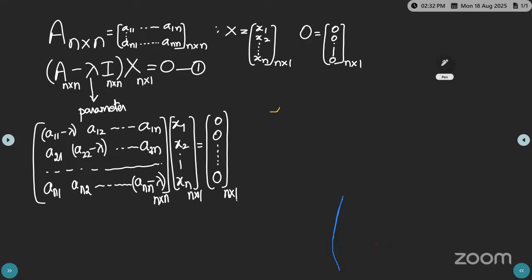Okay. And keep on multiplying it. What are you getting? a11 minus lambda into x1 plus a12 x2 plus and so on plus a1n xn equals 0.